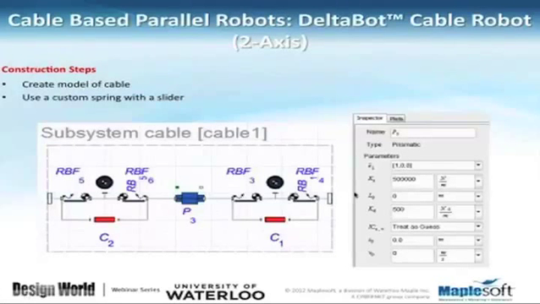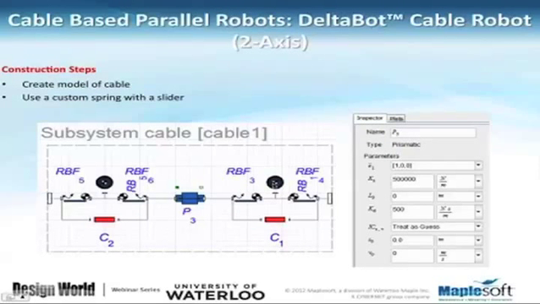The most difficult part of this modeling is the cables, the models of the cables. To model the cables, we know that cables can only handle tensile forces, not compressive forces. In order to do this, we are going to use a prismatic joint, and then that prismatic joint we are going to connect to two masses.